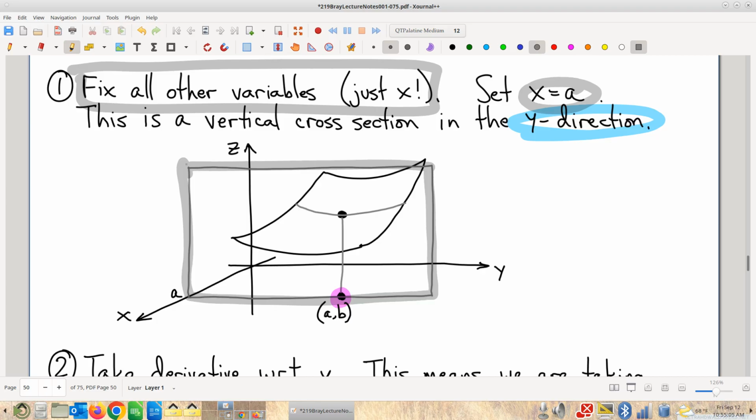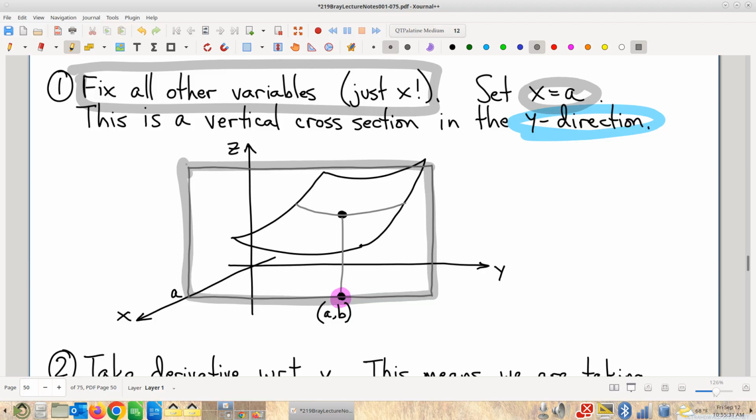Geometrically, let me say that a little bit differently. I've got this graph that I was looking at, but I'm only interested now in what's happening in this vertical plane. Said differently, I'm going to take a cross-section of my graph through this plane, x equals a. I'm going to take a cross-section, you might say perpendicular to the x-axis.